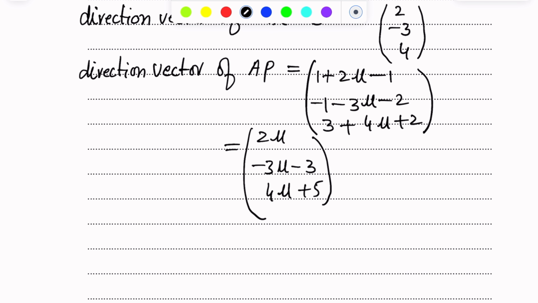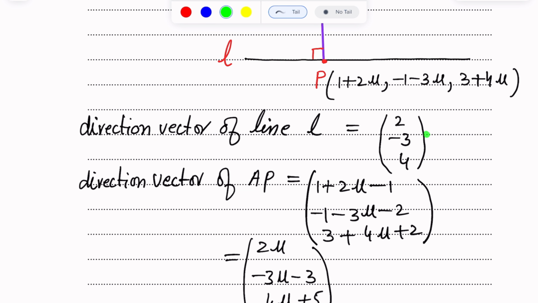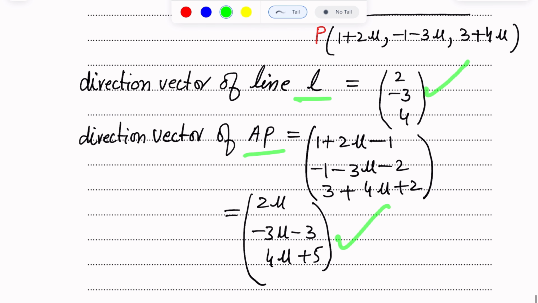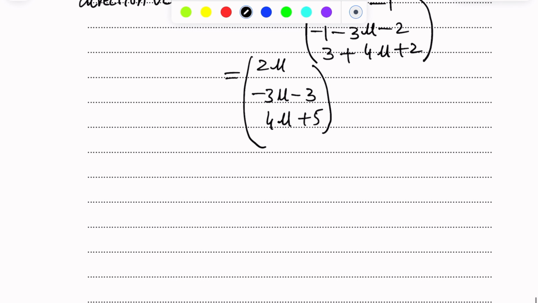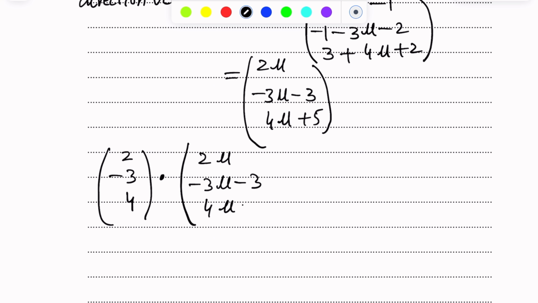Now since AP and line L are perpendicular to each other, the dot product of the direction vector of line L and the direction vector of line AP must be 0. So we find the dot product: 2, minus 3, 4 dotted with 2 mu, minus 3 mu minus 3, 4 mu plus 5, is equal to 0.